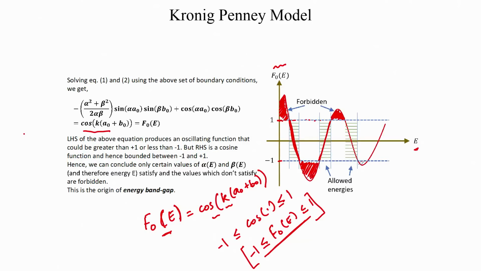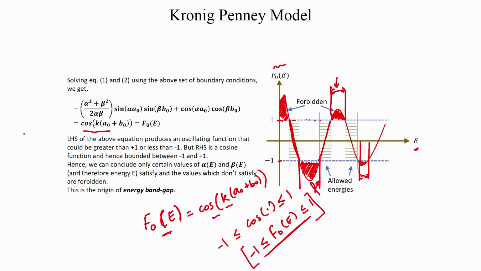So, the electrons cannot take up values of f naught of e of this kind. Or in other words, if you look at the energy axis, the electrons are forbidden from taking these particular energies, because these energies permit f naught of e to go above plus 1 or below minus 1.